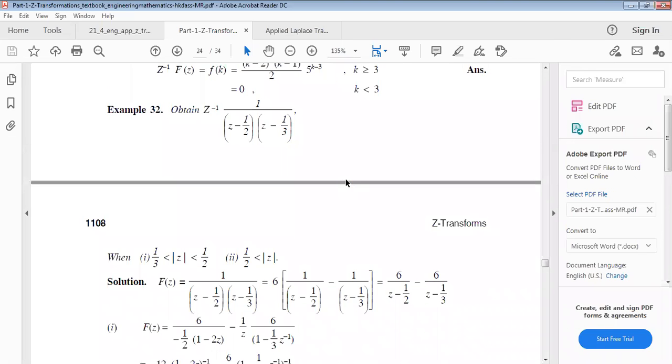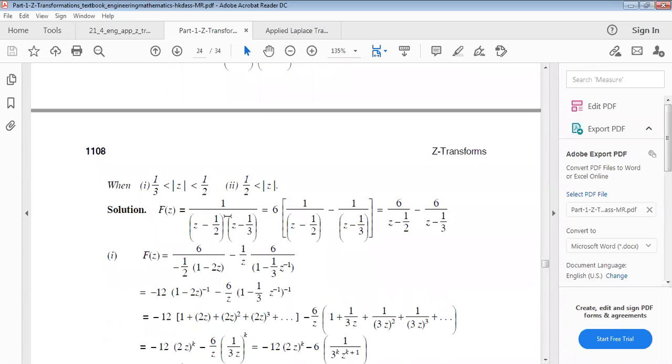Now we have to obtain the inverse z transformation of this, but with the condition: if 1 by 3 is less than the absolute value of z less than half, that means the absolute value of z lies between 1 by 3 and half. In the second condition, half will be less than the absolute value of z.